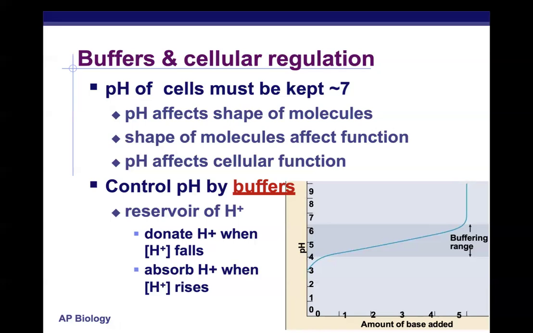So they're kind of situationally both acidic and basic. Donate hydrogen ions when too many are being removed from solution, and absorbing them when too many are being added to solution. So they help maintain a constant pH as hydrogen ions are added or removed.